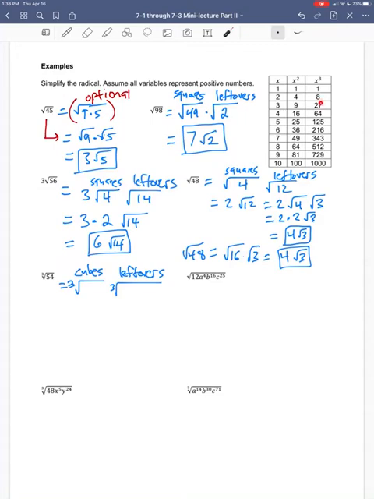It turns out 27 goes in, right? 27 times 2 is 54. You can use your calculator. 54 divided by 27 is 2. The cube root of 27, well, 27 is 3 times 3 times 3. So this is going to just be 3 times the cube root of 2.